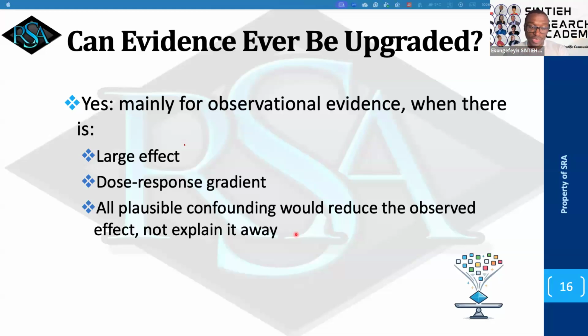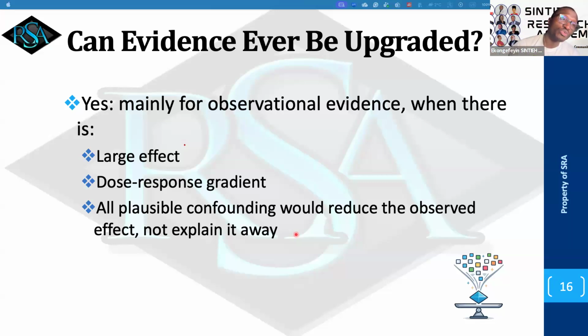So if you can ascertain that all of these effects have been cared for, then you can say, well, based on what we have done, based on what we have found, we can see that the evidence is certain, with the fact that we have seen that there's a large effect and there's this increase, and the confounders have been accounted for.